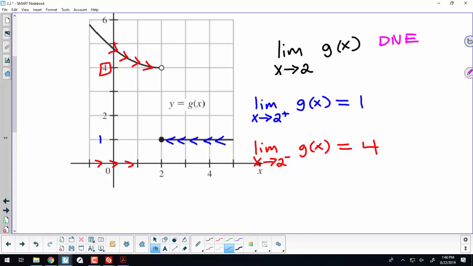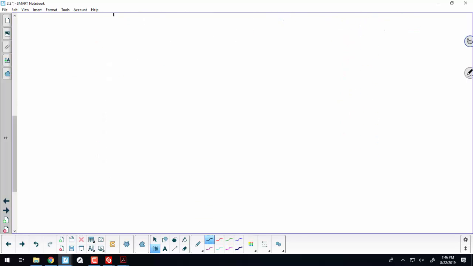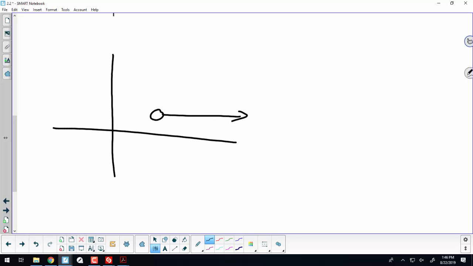Okay, let me see if I understand. What if they were separated, like if one piece ended at 1 and the other started at 2?